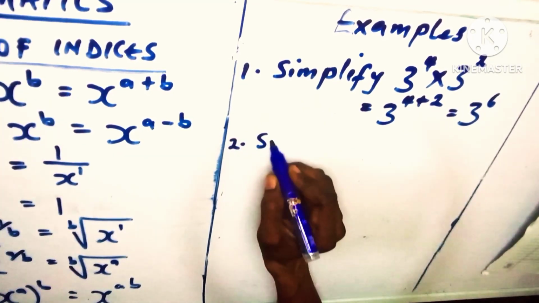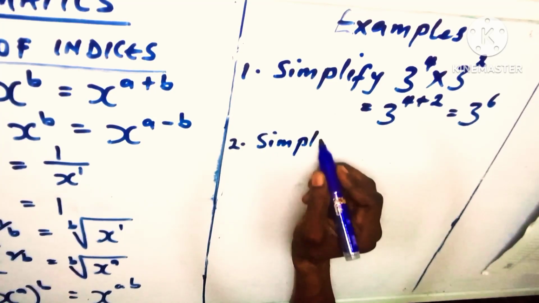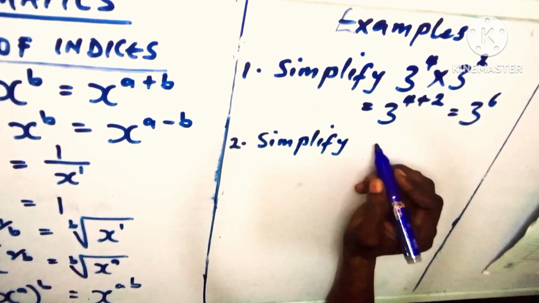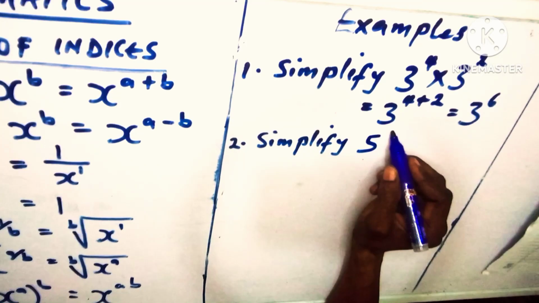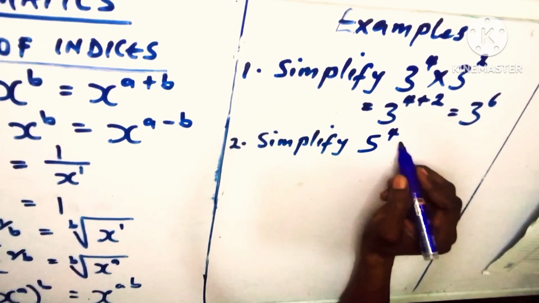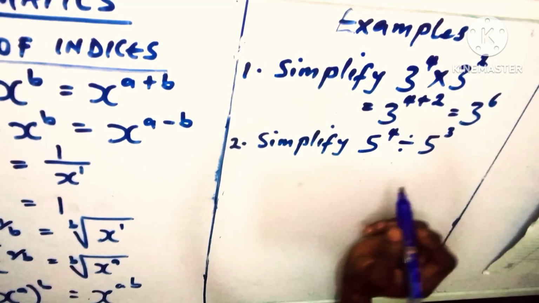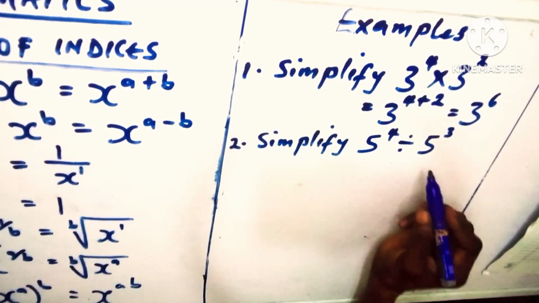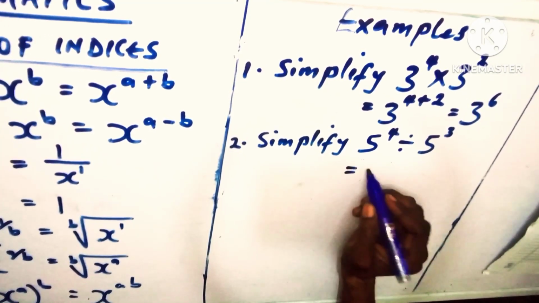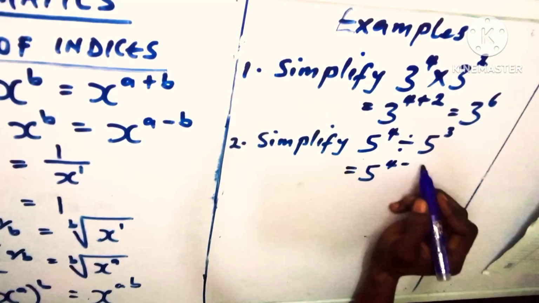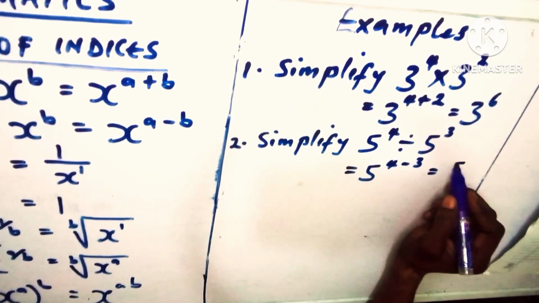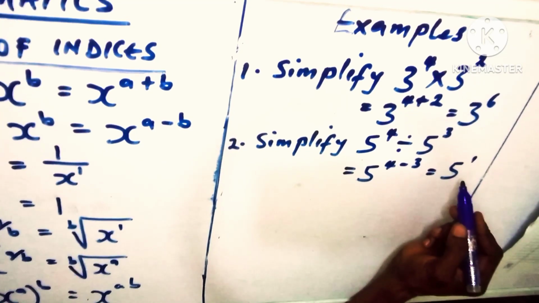Number 2, simplify. 5^4 divided by 5^3. That is division law. That will give you 5^(4-3), which is equal to 5^1.